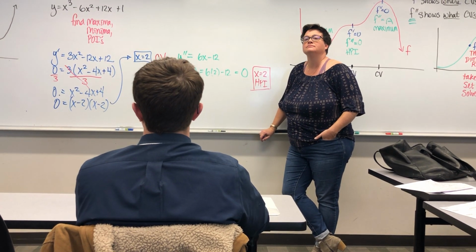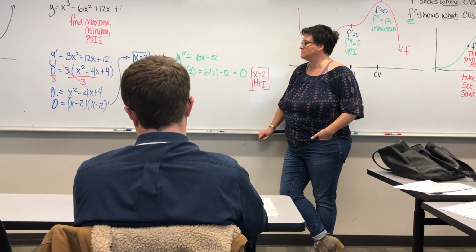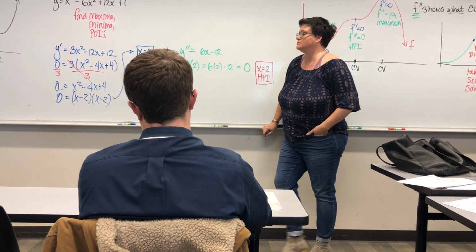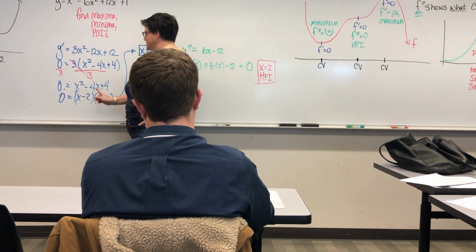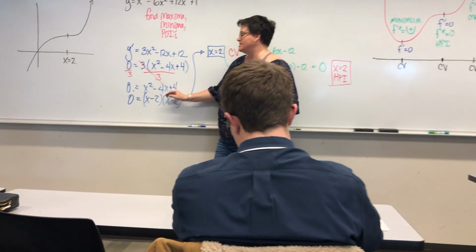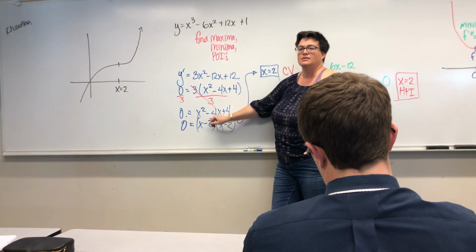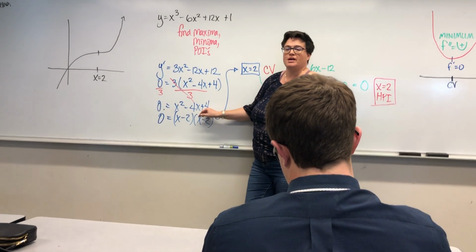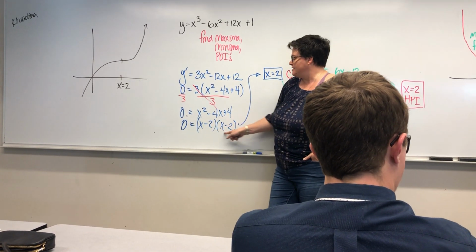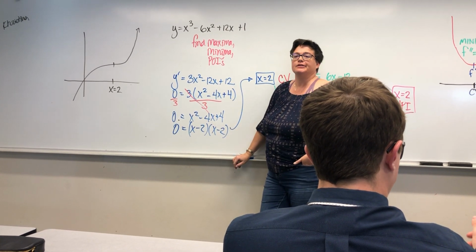Helena, I have like 3 questions. How do you get x minus 2 times x minus 2 out of the x squared minus 4x? The process for factoring here is what multiplies to this number and adds to this number. So -2 and -2 multiply to 4 and add to -4. If you were to FOIL this out, you would end up right back here.